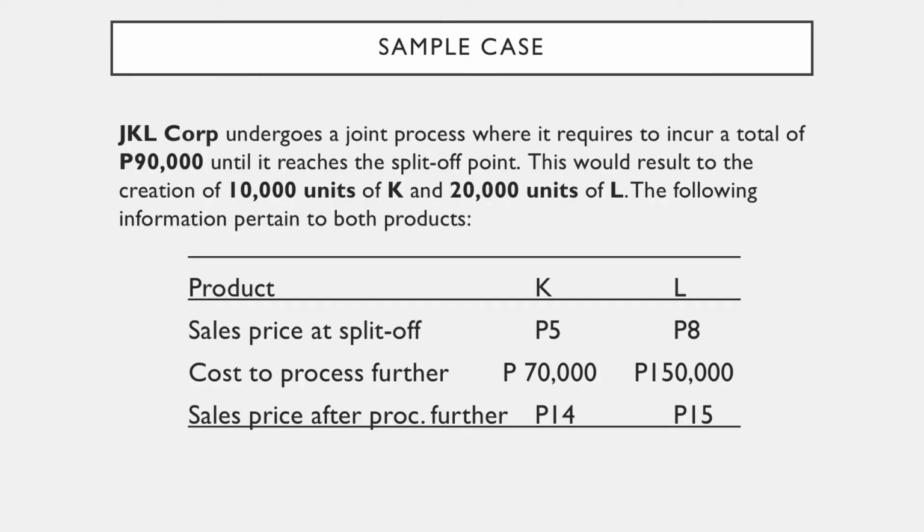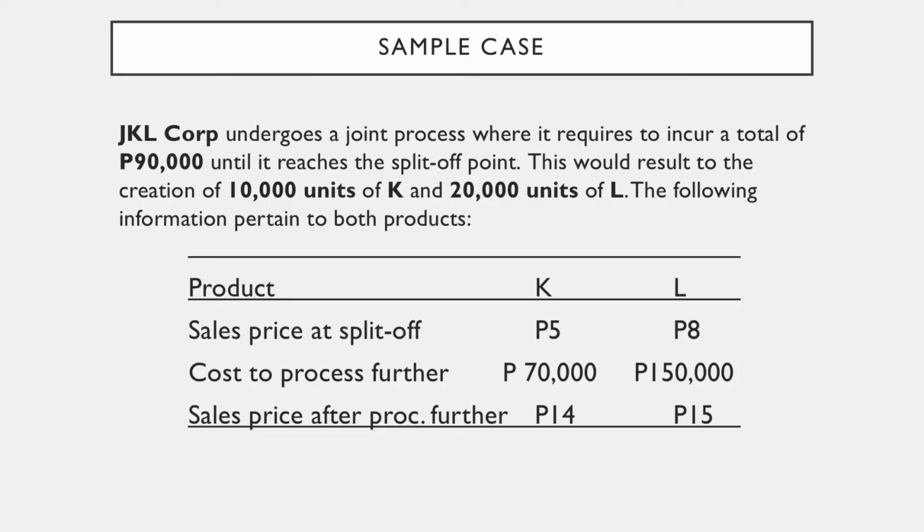Let us use the following case as a demonstration. JKL Corporation undergoes a joint process where it requires to incur a total of 90,000 pesos until it reaches the split-off point. This would result to the creation of 10,000 units of K and 20,000 units of L. The following information pertains to both products.